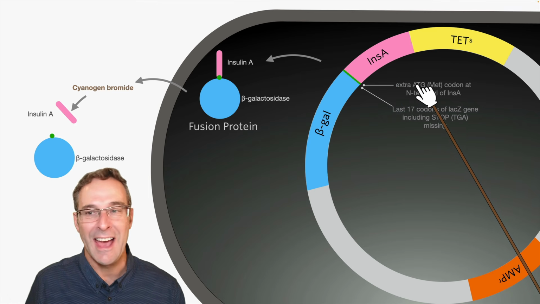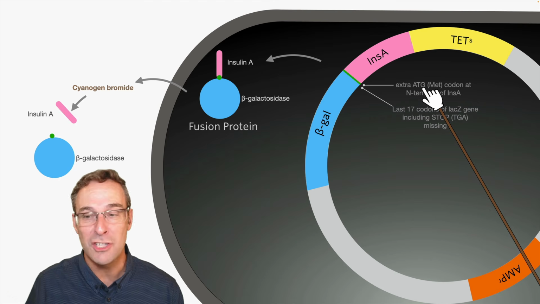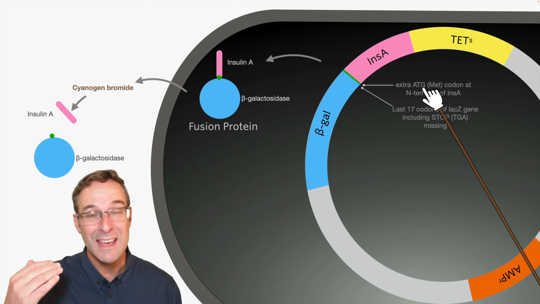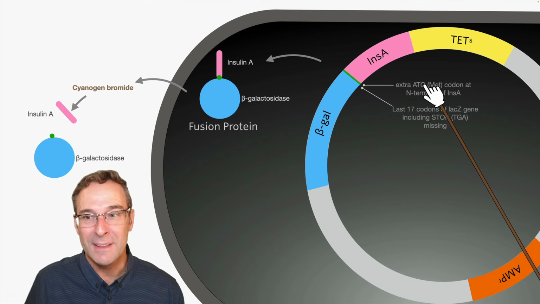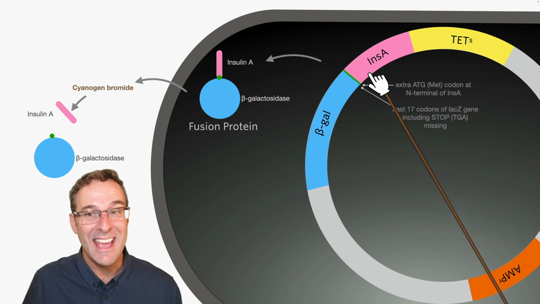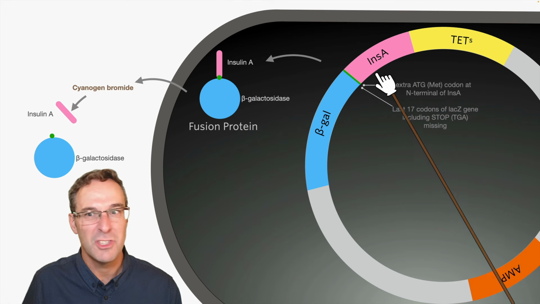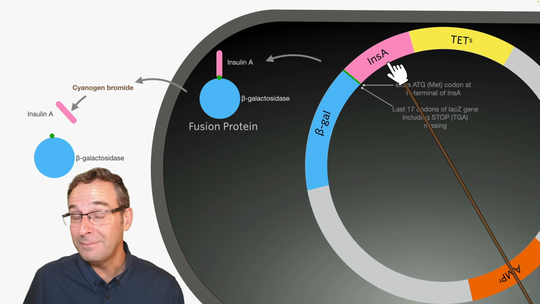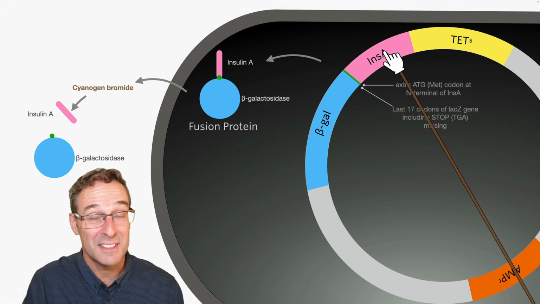There's an extra ATG on the coding strand. Of course, on the template strand, that would be TAC, but that codon for methionine is added at the N-terminal, the nitrogen terminal, of insulin A. And this is true of insulin B as well.